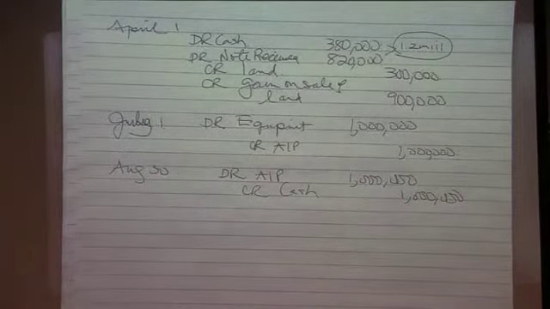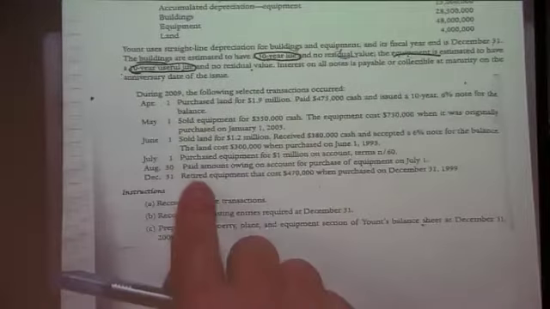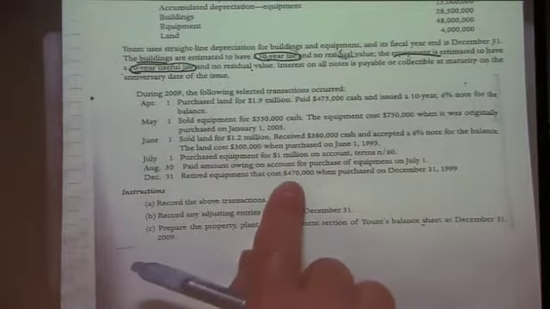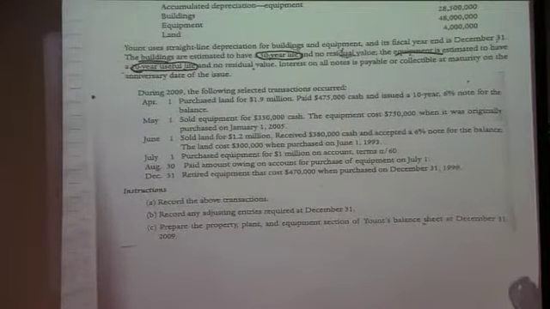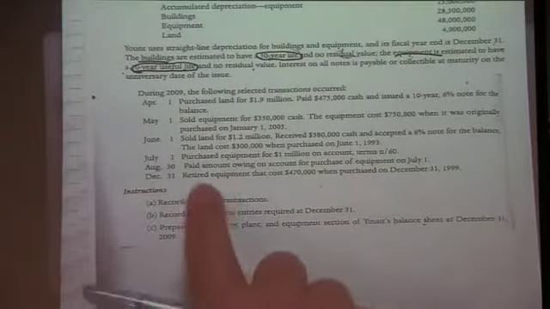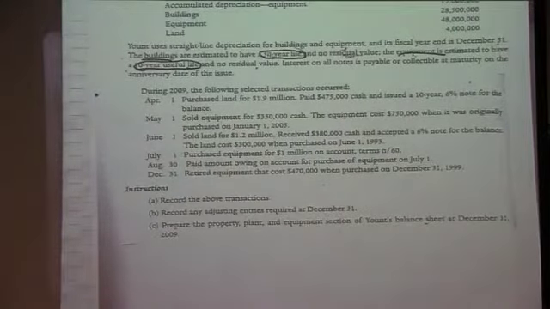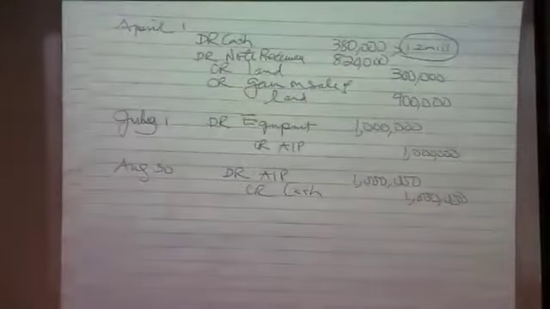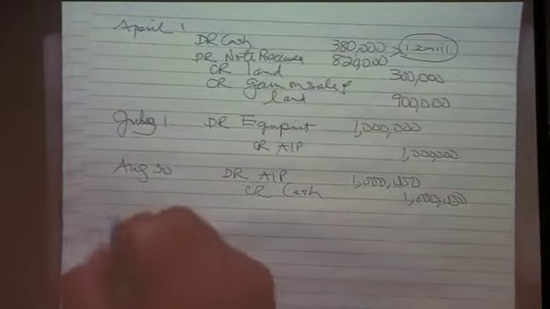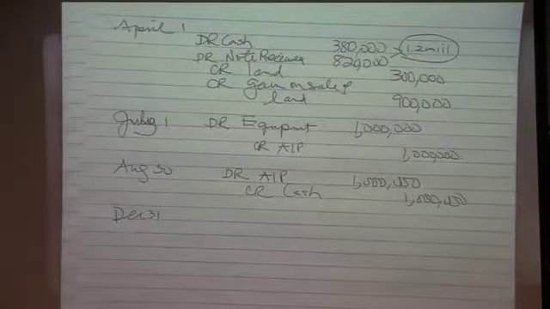And then on December 31st, it says retired equipment that cost $470 when purchased on December 31st, 1999. Okay, so we retired. That means that we finally used up the equipment, and now we're basically disposing of it for $0. So on December 31st, first of all, we need to amortize that equipment, right?